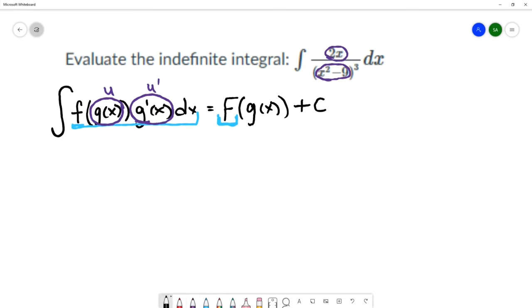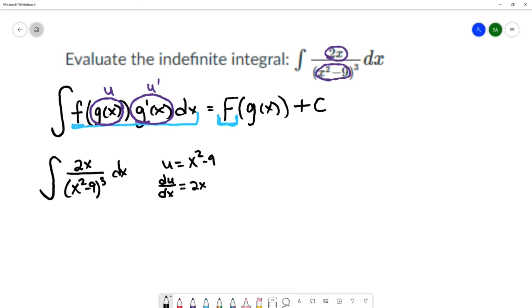So let's rewrite our problem, and I'll show you how to do this with substitution, and I'll show you how to do it with pattern recognition. So I've got the integral of 2x over (x squared minus 9) cubed dx. I'm going to let u be that expression inside my parentheses, that's x squared minus 9. And I'm going to calculate the derivative of u with respect to x, and that's 2x.